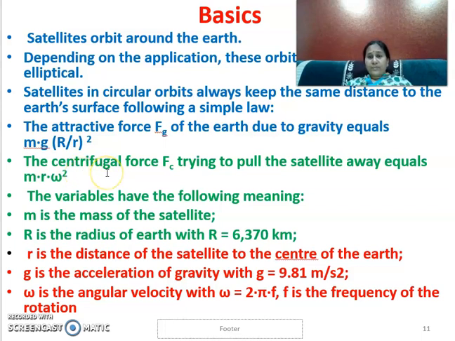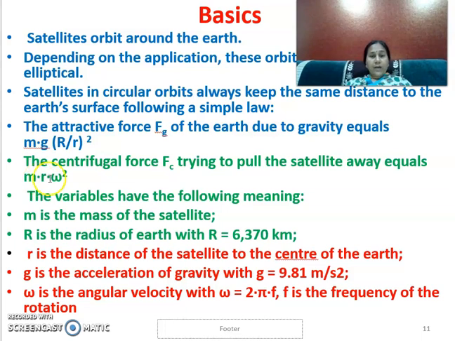Coming to the force due to the satellite, also called the centrifugal force, represented as Fc, it is mathematically equal to m r omega square, where m is the mass of the satellite, r is the distance from the satellite to the center of the earth, and omega is the angular velocity with which the satellite is rotating.